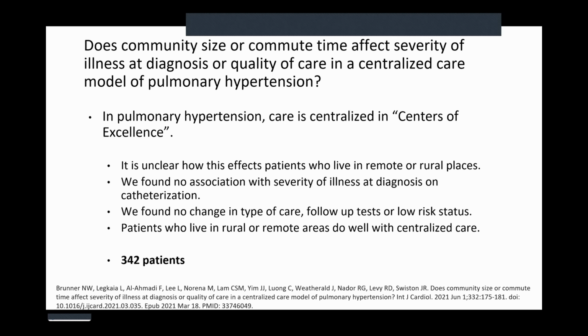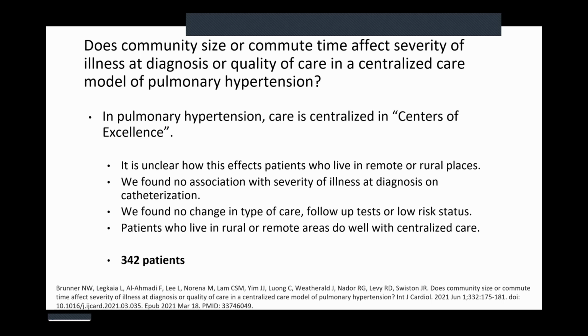The question was, it was unclear how the commute time would affect patients who live in rural or remote places. But the findings are based on not 2 or 3 or 10 or 20 or 100 patients, but on 342 patients. Because of that, the researchers were able to draw conclusions.